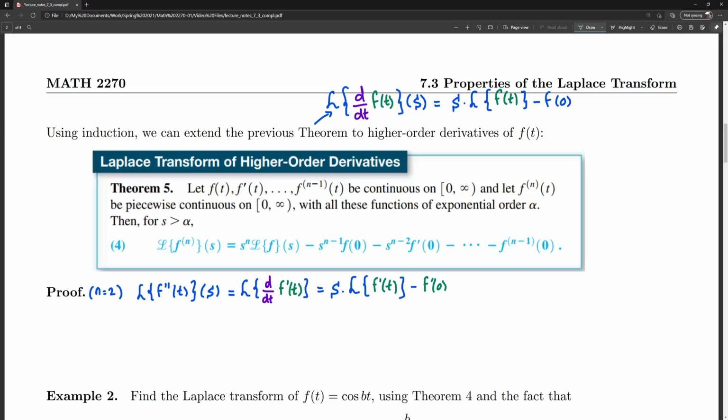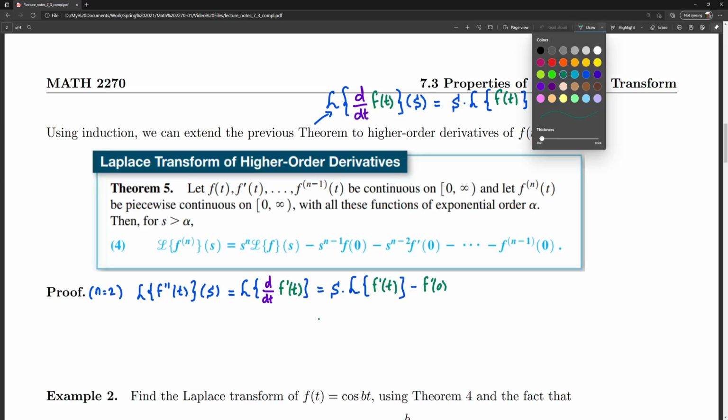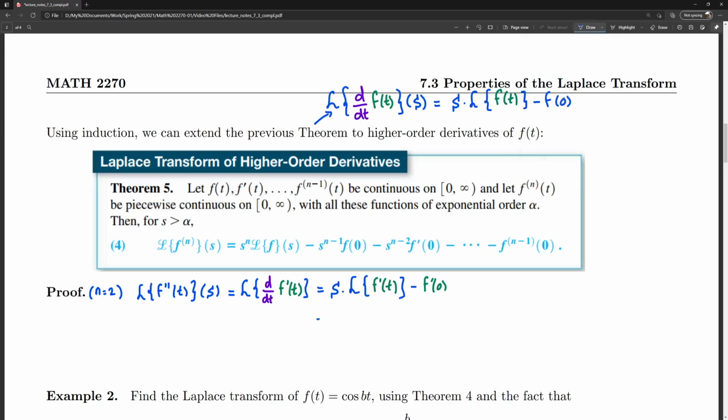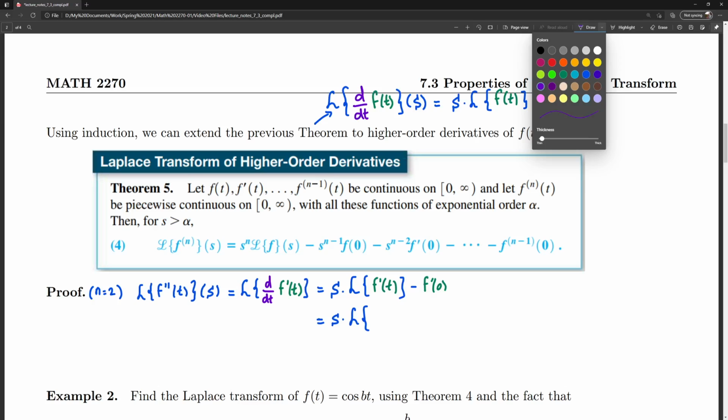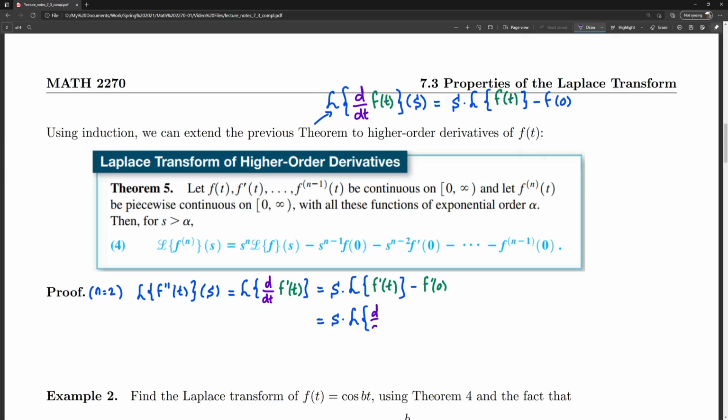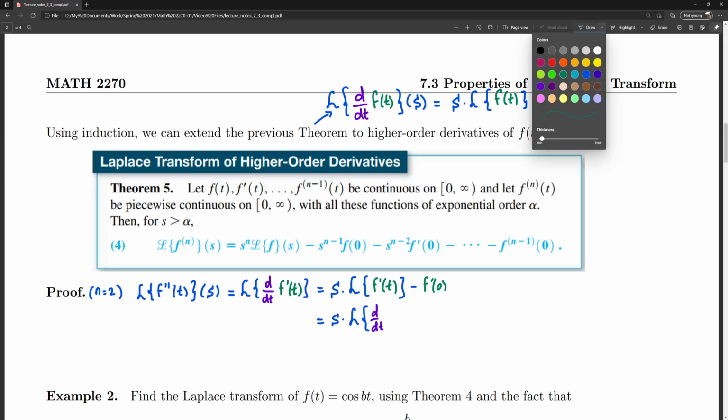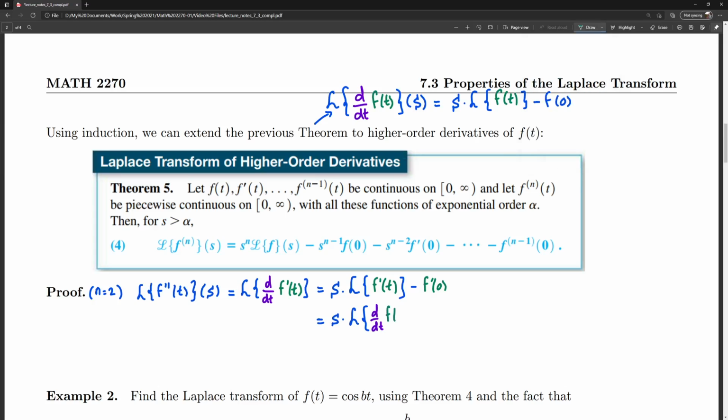So this will be equal to s times the Laplace transform of the derivative of f of t, and then we're still subtracting f prime of 0.